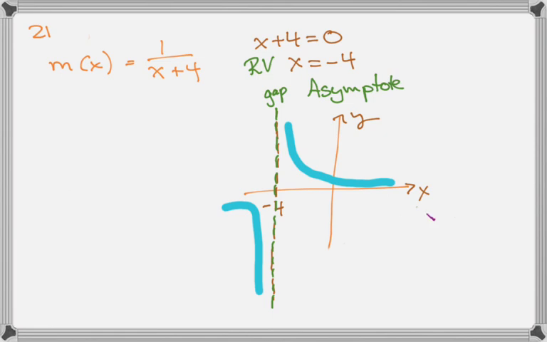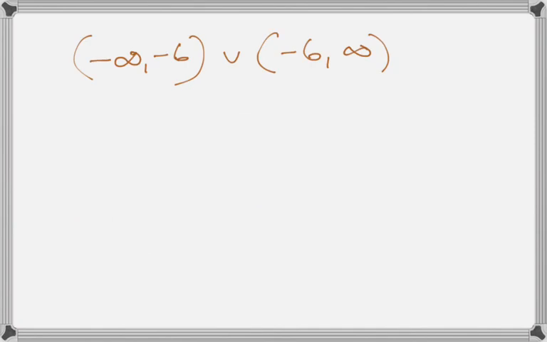That gap, so what we do is we draw a vertical line at x equals -4 in this case, and that's called an asymptote. You have a vertical asymptote at x equals -4. And then the graph has a piece on the left and a piece on the right-hand side. This is an example of a graph, and that's how they look.